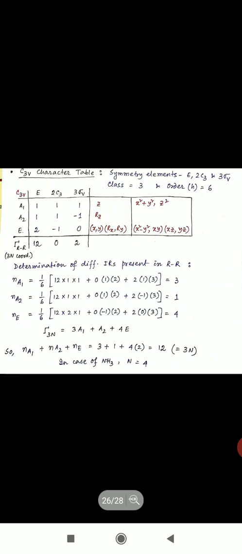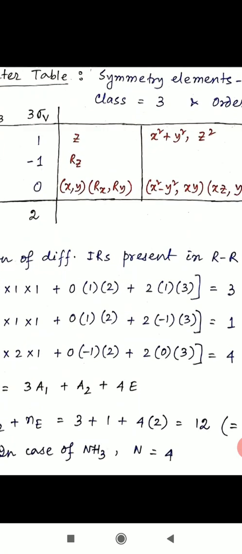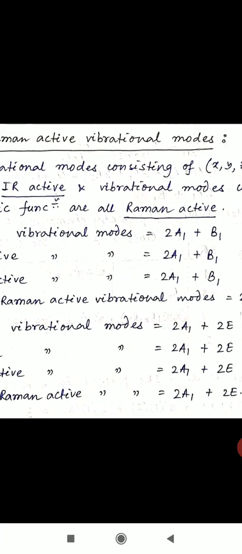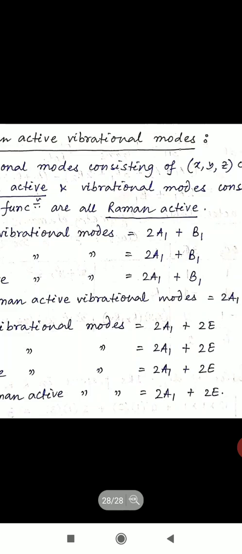And in E the quadratic functions are also there, that is x square minus y square, xy, xz, yz. So in case of the C3V point group, the vibrational modes are 2A1 plus 2E, the IR active vibrational modes are also 2A1 plus 2E, and Raman active is also 2A1 plus 2E. That means both IR and Raman active vibrational modes are 2A1 plus 2E.